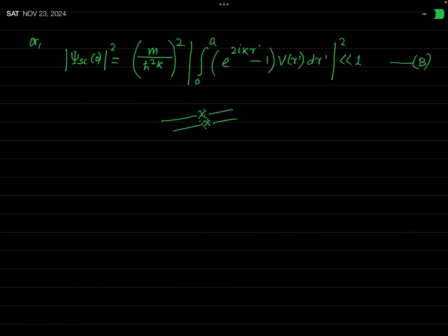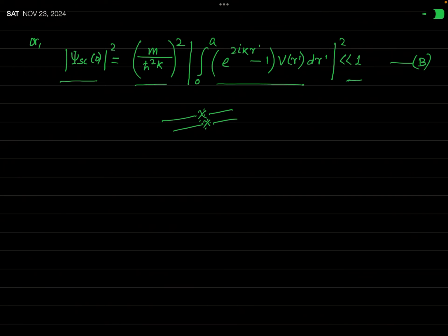So your final result is the square of the modulus of psi sc 0, that is the square of the magnitude of the scattered wave function, which is equal to m over h bar square k whole square times the square of the modulus of integral 0 to a of this much.